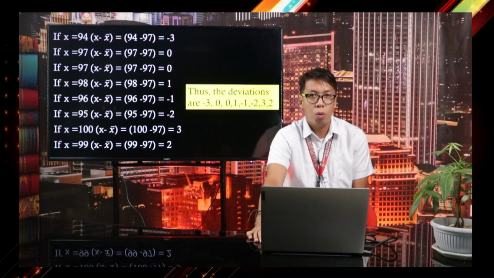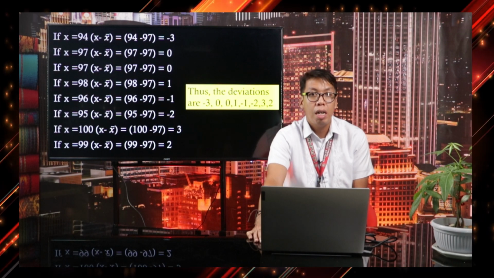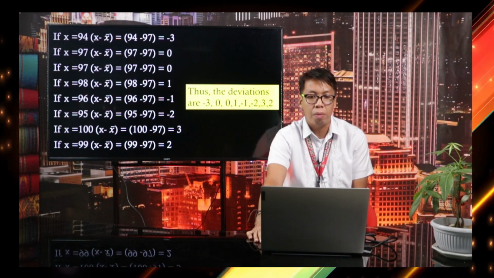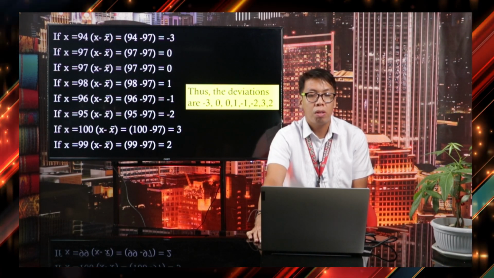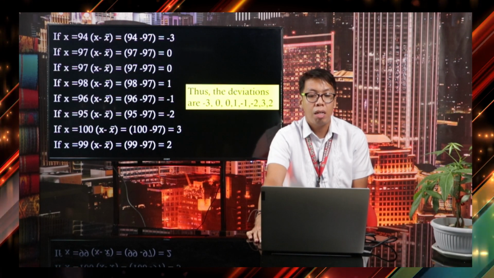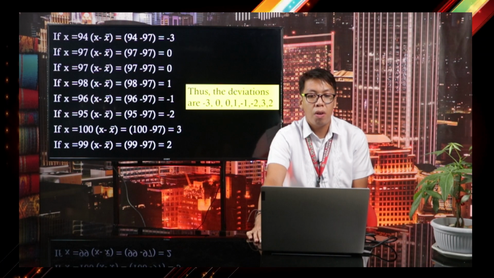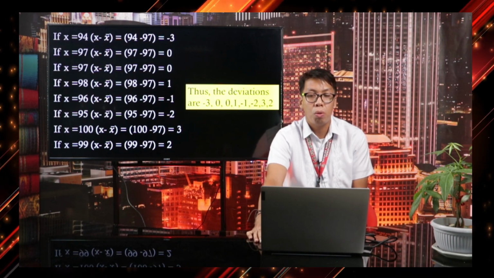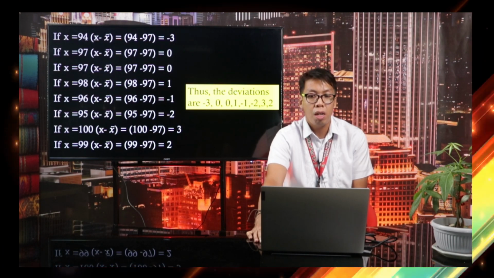If x is equal to 98, 98 minus 97 is equal to 1. 96 minus 97 is equal to negative 1. 95 minus 97 is equal to negative 2. 100 minus 97 is equal to 3. And 99 minus 97 is equal to 2. Thus, the deviations are negative 3, 0, 0, 1, negative 1, negative 2, 3, and 2.